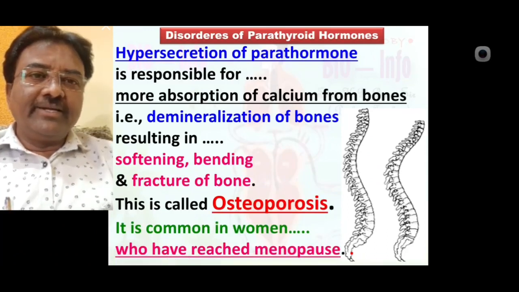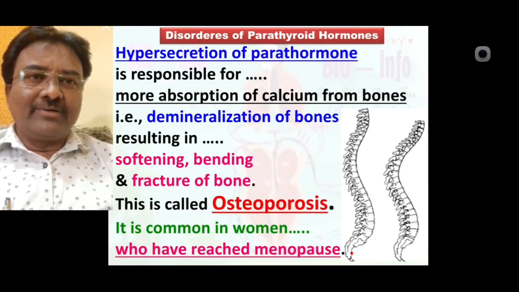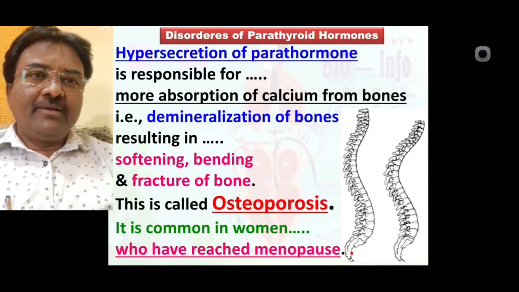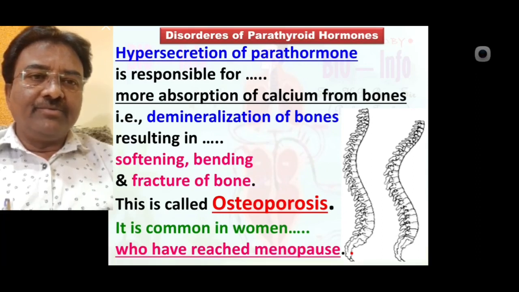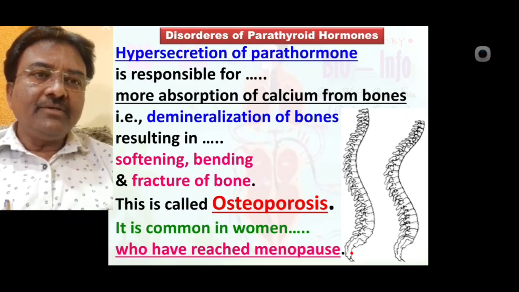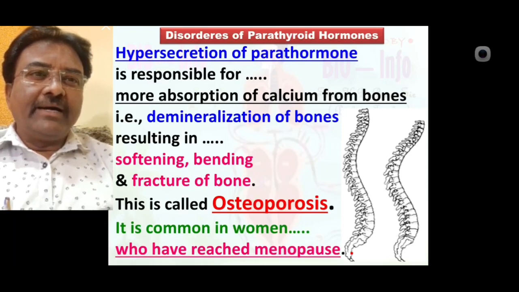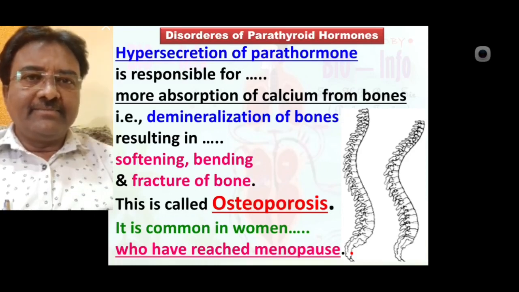Up to this point we have discussed in detail two parathyroid gland disorders: parathyroid tetany, also called hypocalcemic tetany, and second, osteoporosis. These two disorders are created due to the parathyroid hormone, known as parathormone, increasing or decreasing.